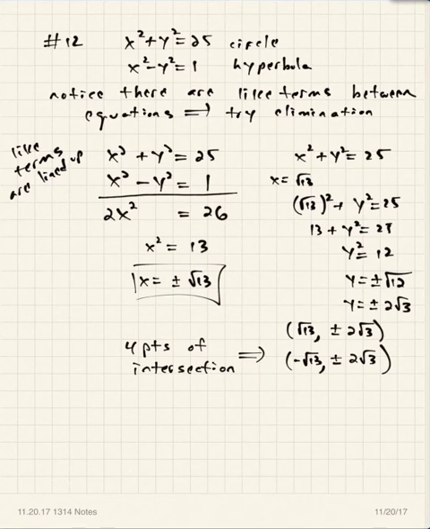Okay, so let's look at problem number 28. In 28, we might try to use both methods on this one and see which one we think might be the better method. So you have negative x squared plus y equals 2 is one of the equations. This is a parabola because one of the variables is squared but not the other one.